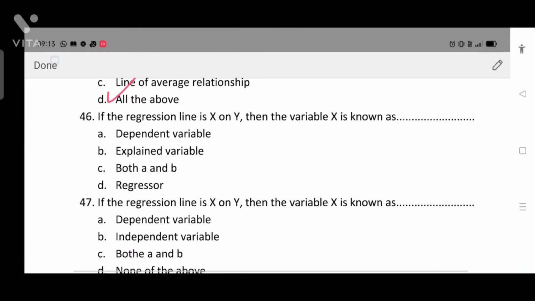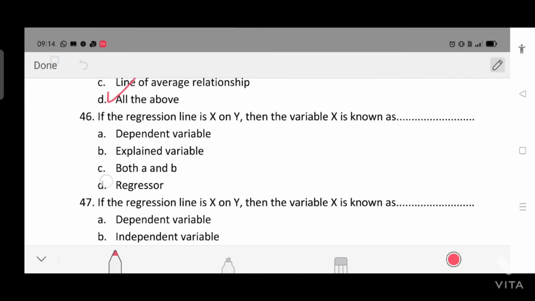Question 46. If the regression line is x on y, then the variable x is known as A, B, C, D. C, both A and B.